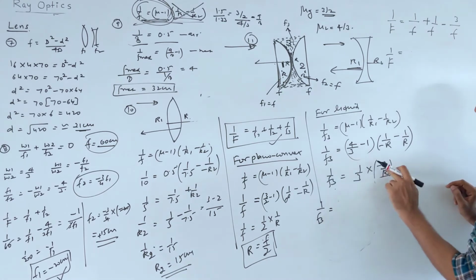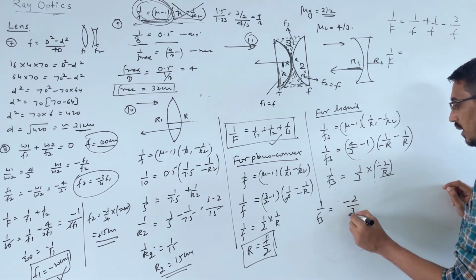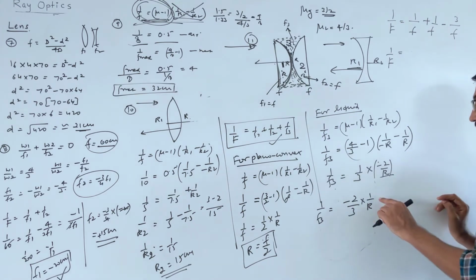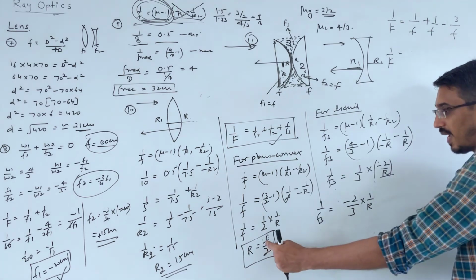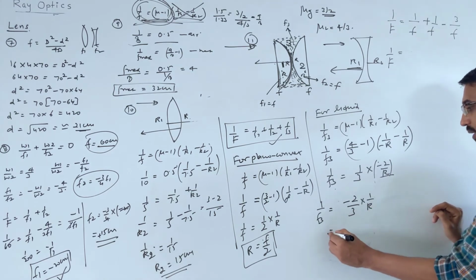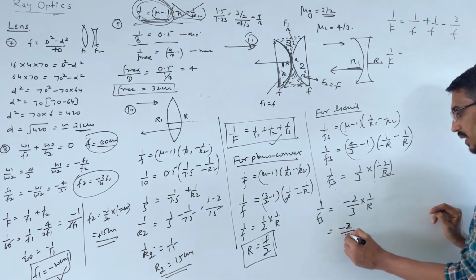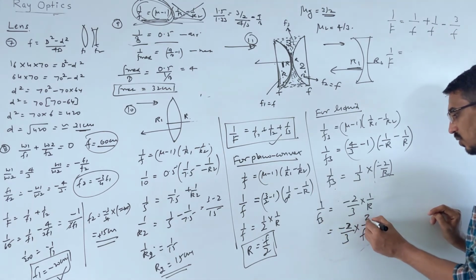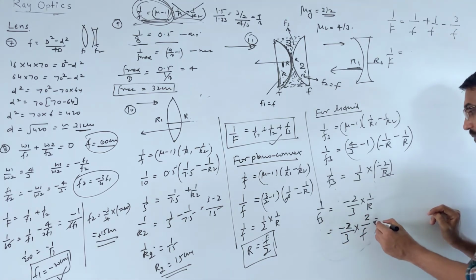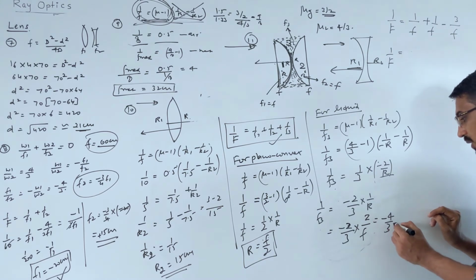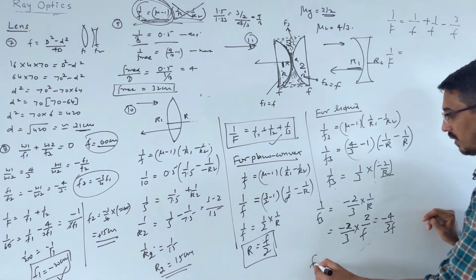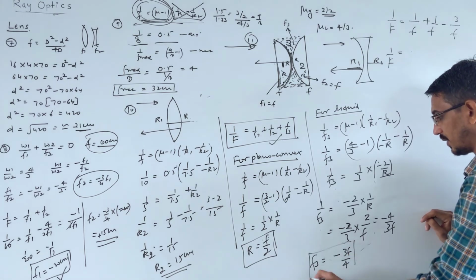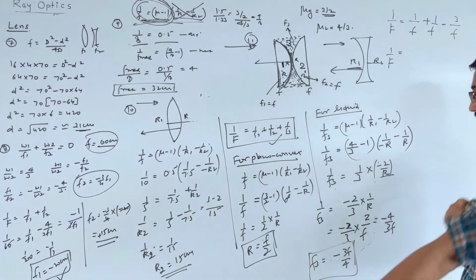The correct one is minus 2 by 3 into 1 by R. Now, R is f by 2, so f comes here and 2 goes up. This was the problem. So it is minus 4 by 3f, so f3 is actually minus 3f by 4. This is the correct answer now. I made a mistake in the calculations.